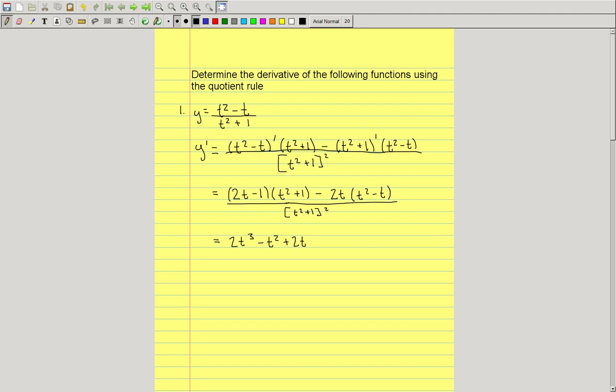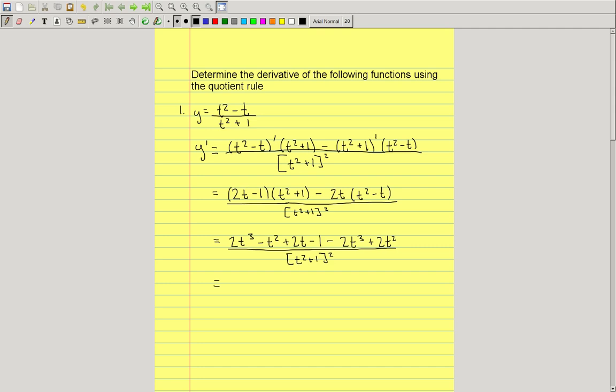And then finally the product of our last two terms and get negative 1. From that, we're going to subtract 2t cubed plus 2t squared, which is the product of our last two functions. And of course, all of this goes over the denominator squared. Okay?